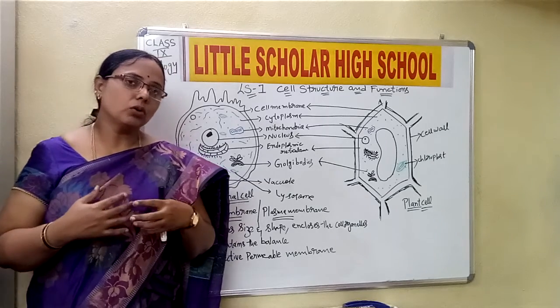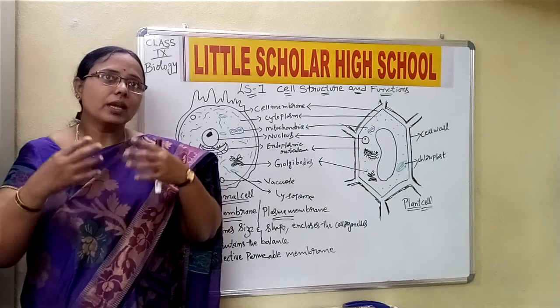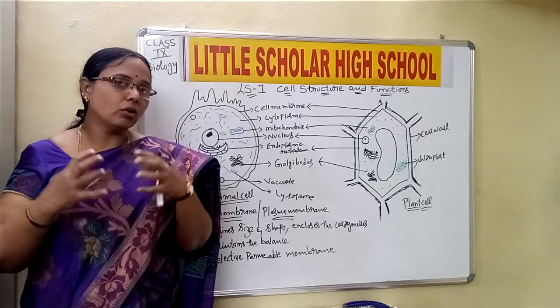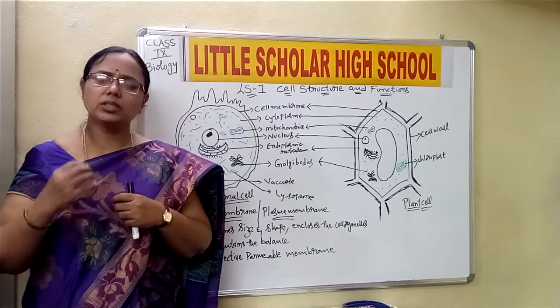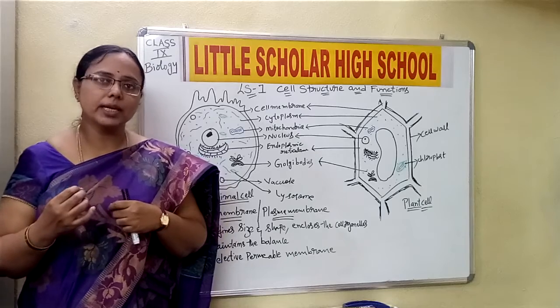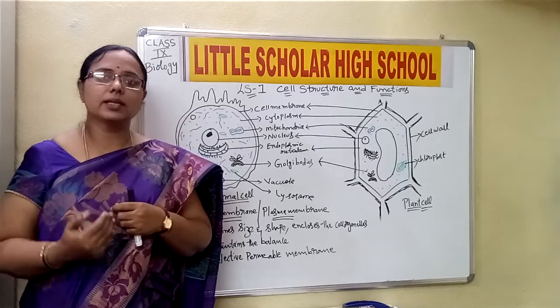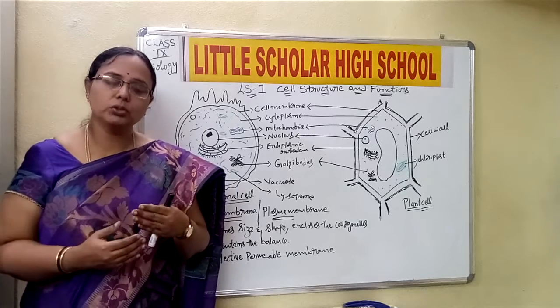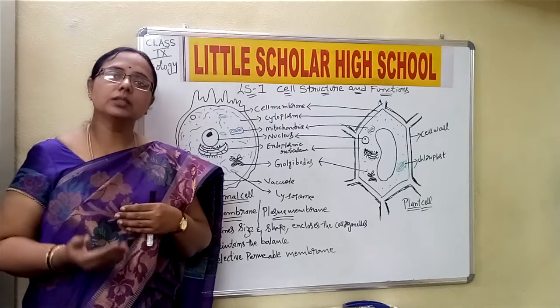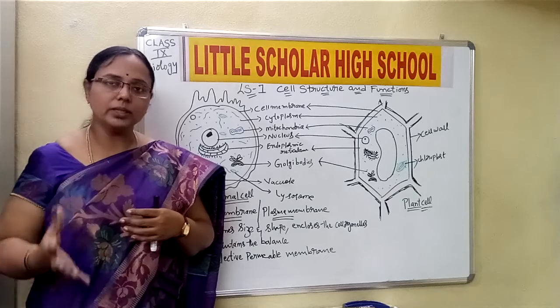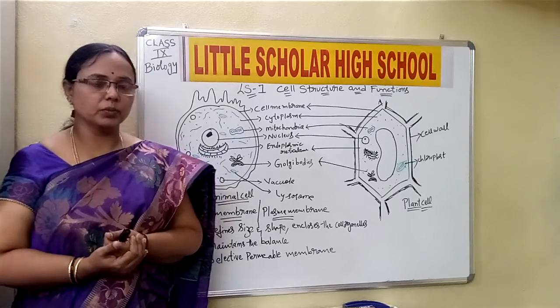When we are talking about the cell, each and every part of the entire body of an organism is made up of cells. All these cells combine together to form tissues, then organs, organ systems, and the whole individual as a system. Yes or no?